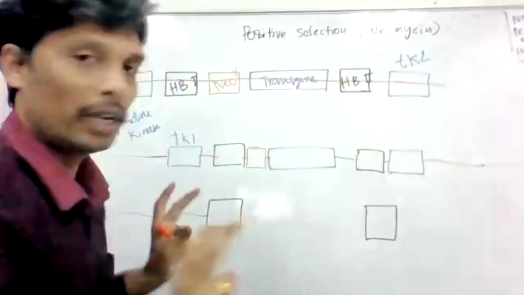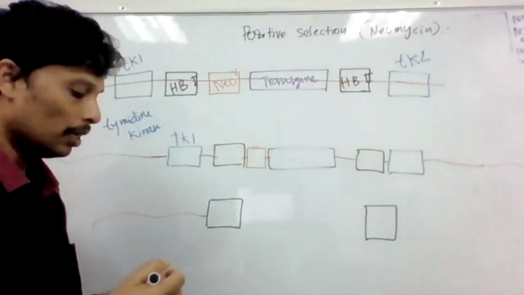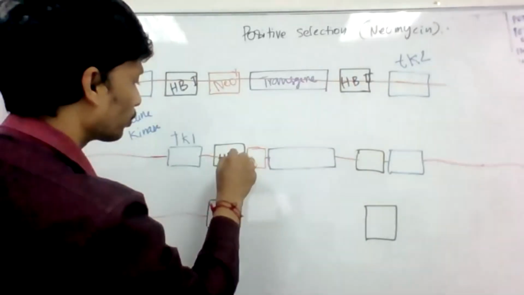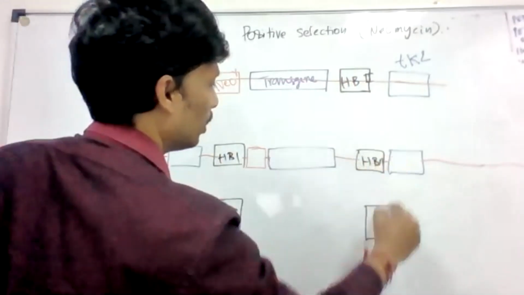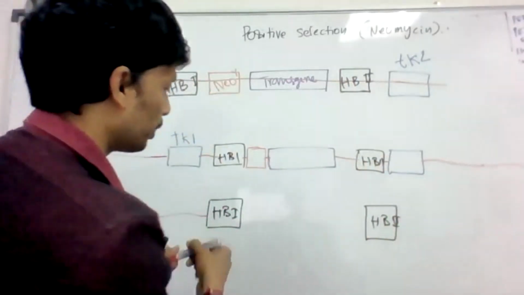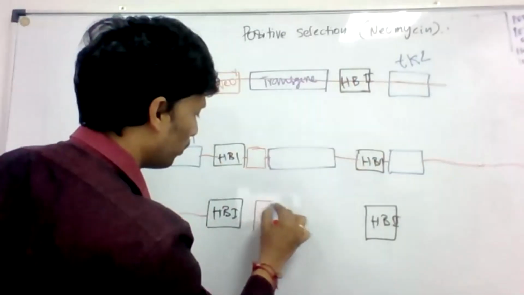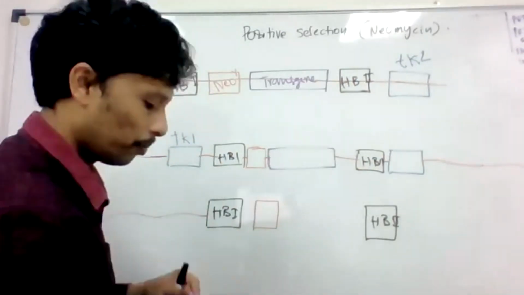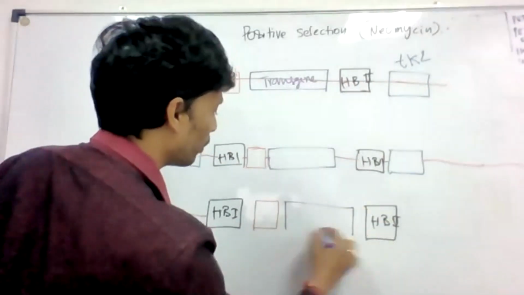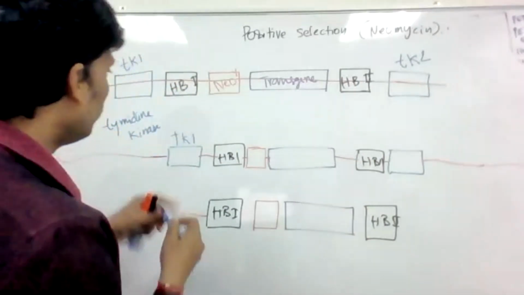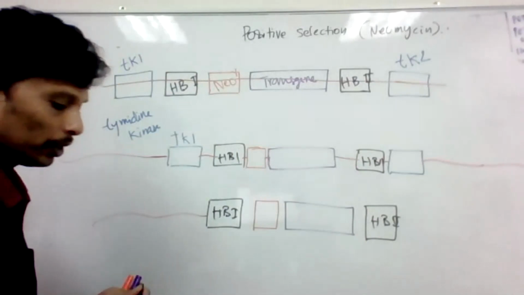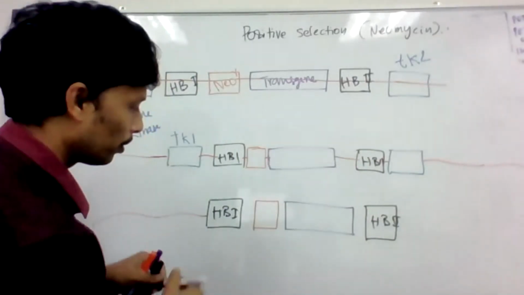The outside part will not get incorporated. That is the main thing you need to understand here. So between homologous block 1 and homologous block 2, only that region gets incorporated into the desired location. The remaining parts will not get incorporated. That means thymidine kinase 1 and 2 will not get incorporated. That is what I'm trying to explain to you.